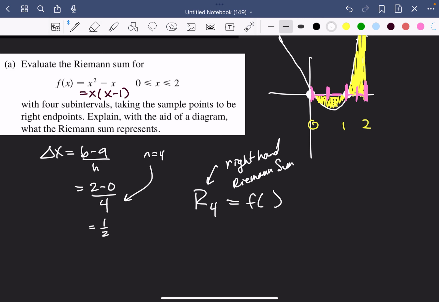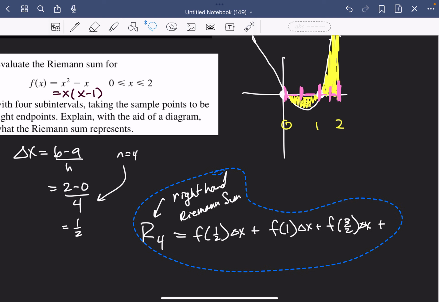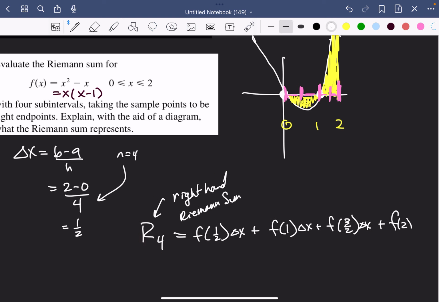For the first interval, it's going to be f at 1/2 times delta x, plus f at 1, on the second interval, the right-hand endpoint is 1, times delta x, plus f at, in the third, the right-hand endpoint is 1.5, also known as 3/2. And the last one, the right-hand endpoint for the last subinterval, is just 2. So the last one is going to be f at 2 delta x.